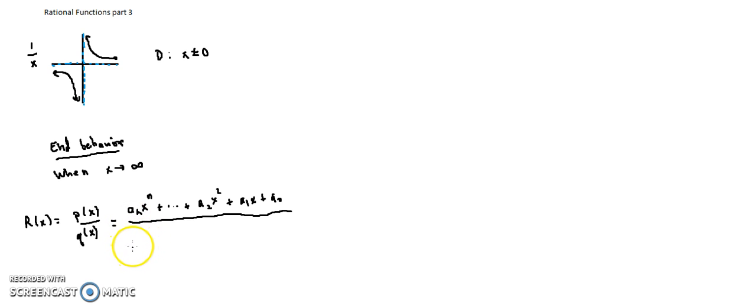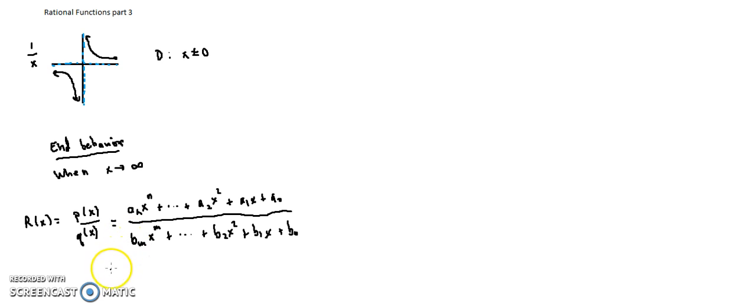Now q is a different polynomial, so we need to use different letters. So a_n is usually used first, and then b and m are used second. So we've got b_m x to the m, all the way down to b_2 x squared plus b_1 x plus b naught. Okay, so that's a different polynomial, so it's going to have different coefficients and a different exponent here.